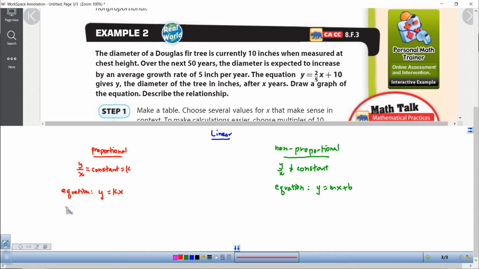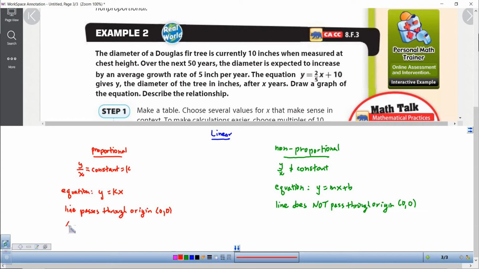If it is proportional, the line passes through the origin, and remember, the origin is the point 0, 0. And if it is non-proportional, the line does not pass through the origin. Again, the origin is 0, 0. Those are all the things that are different.